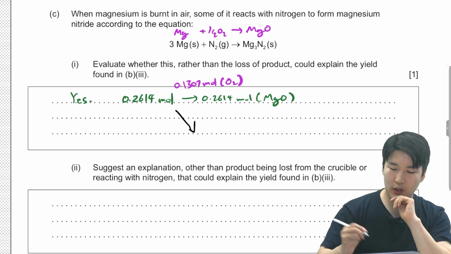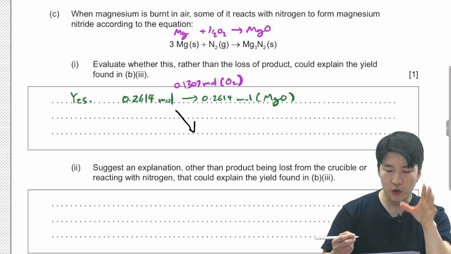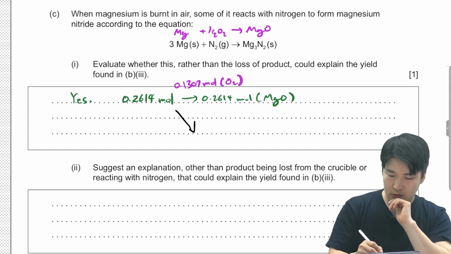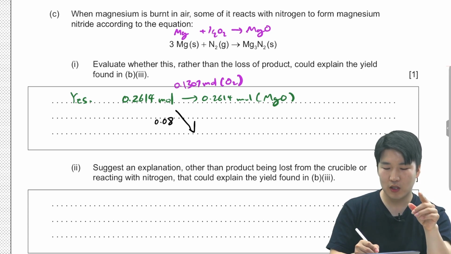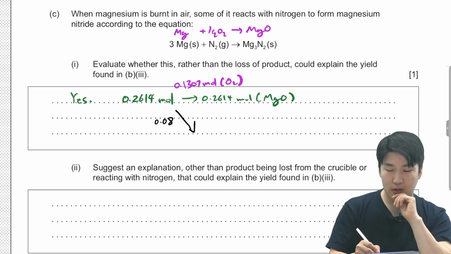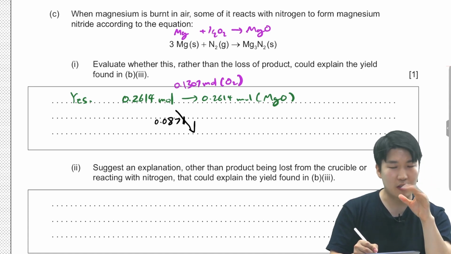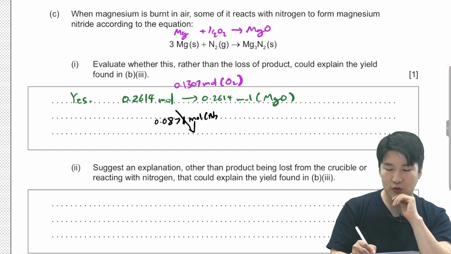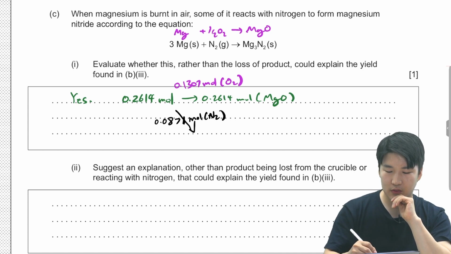But if we react with nitrogen, we will only be using 0.2614 divided by 3, roughly 0.0871 mole of nitrogen to give 0.0871 mole of magnesium nitride.